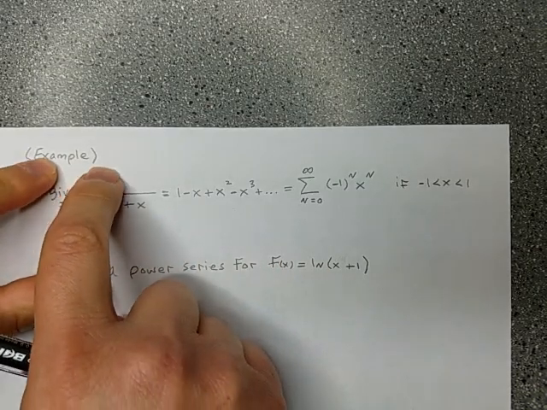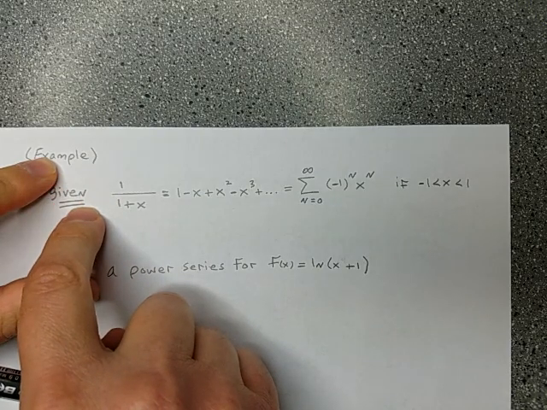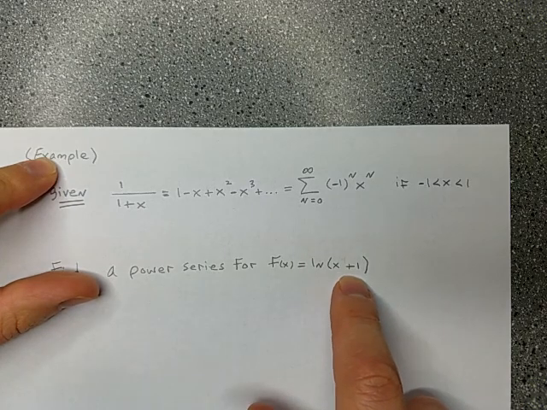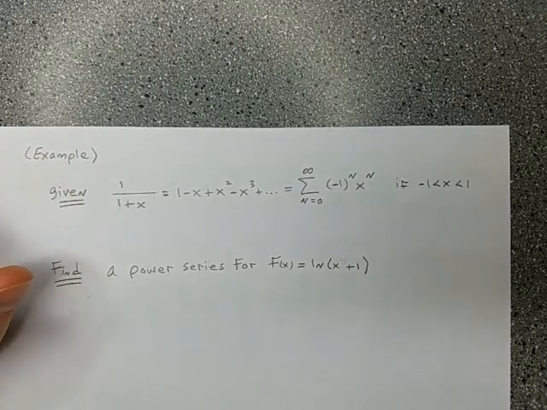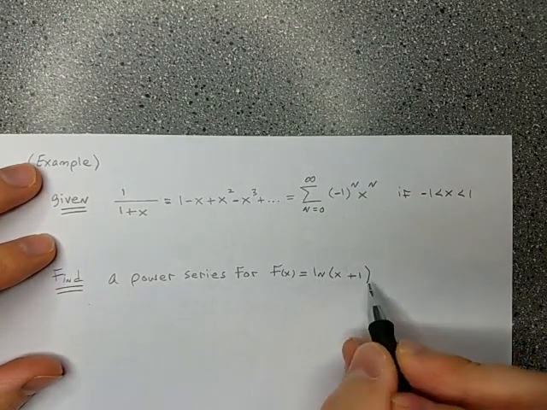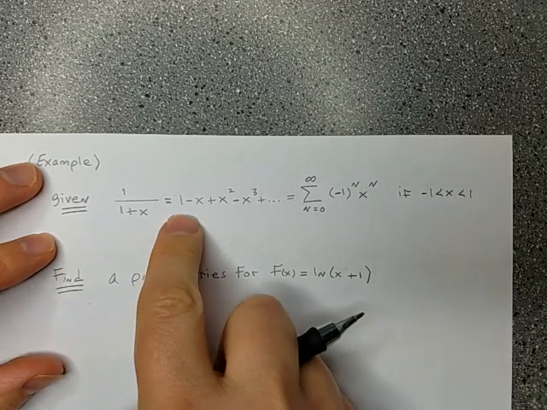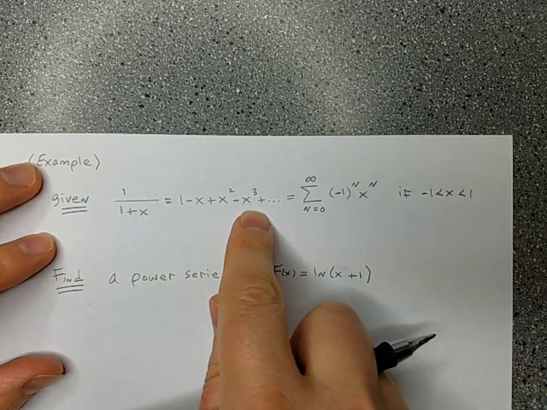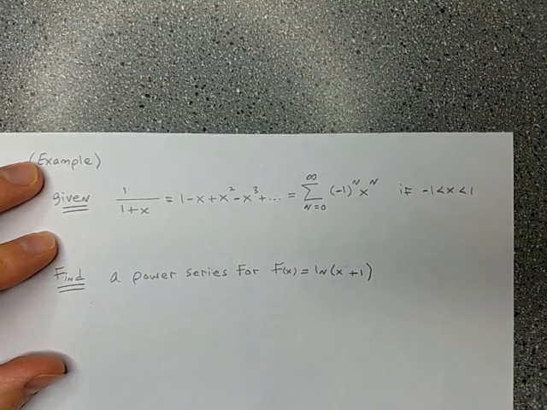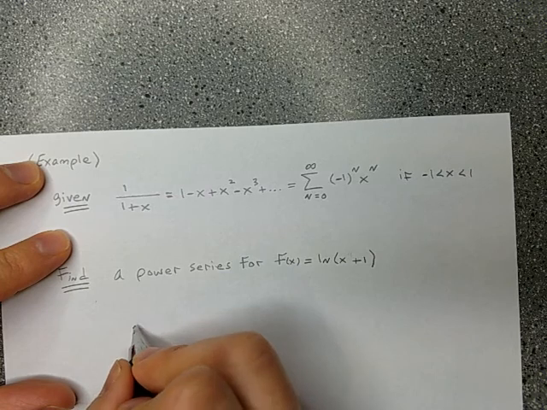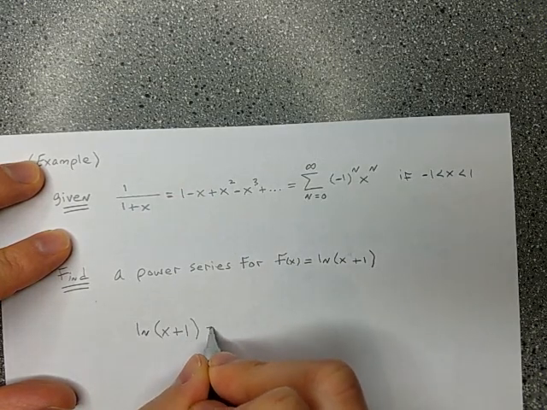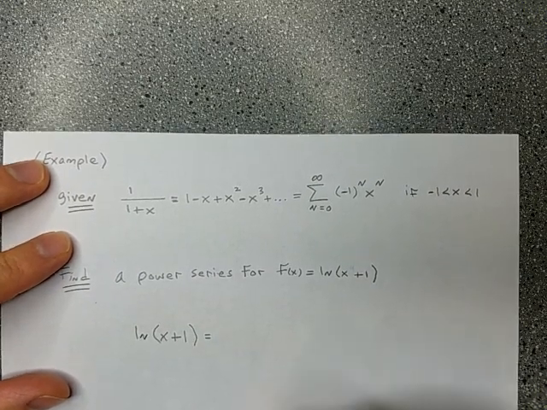So if I found the antiderivative, the indefinite integral of 1 over 1 plus x, that would be natural log of x plus 1. Here's what I can get then. The series for this function would be the term-by-term antiderivative of that series. So we'll get natural log of x plus 1 is equivalent to this series.